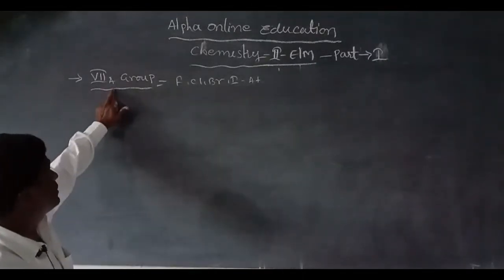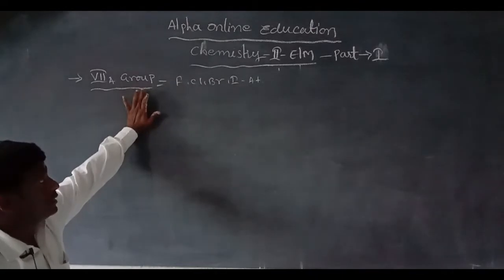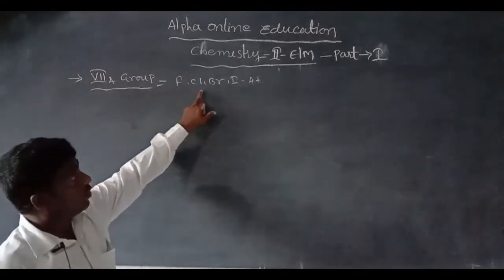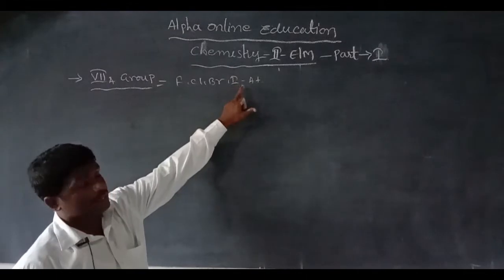So here is the first one, the 7th A group elements. The 7th A group elements are fluorine, chlorine, bromine, iodine and astatine.